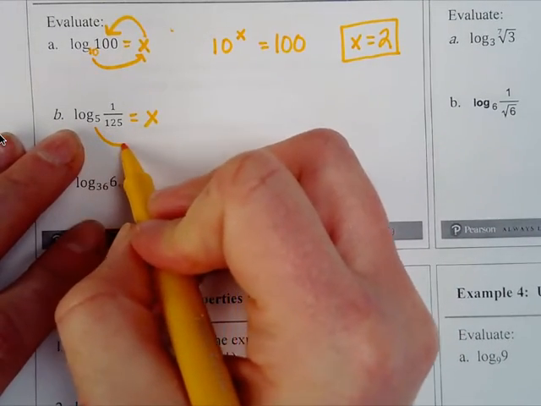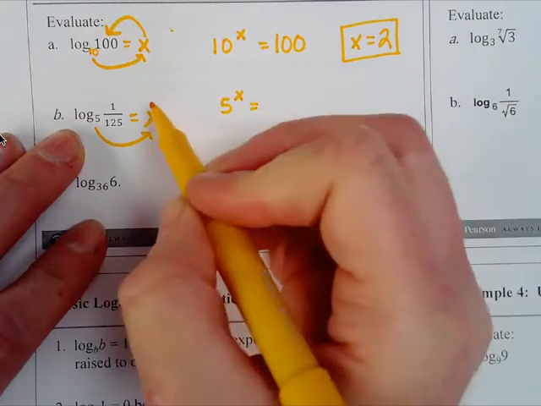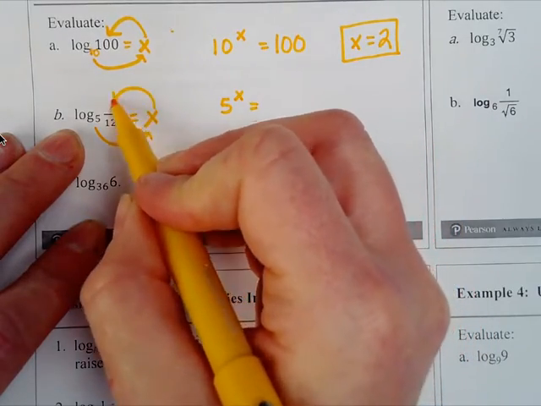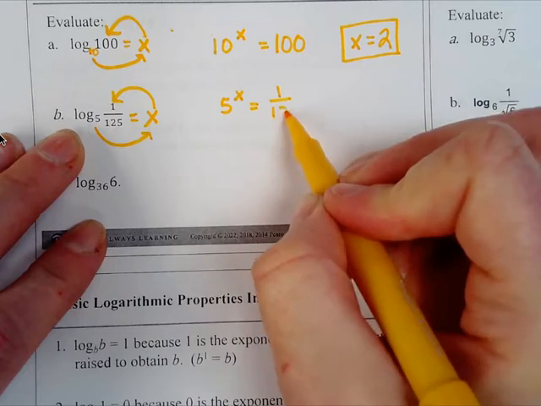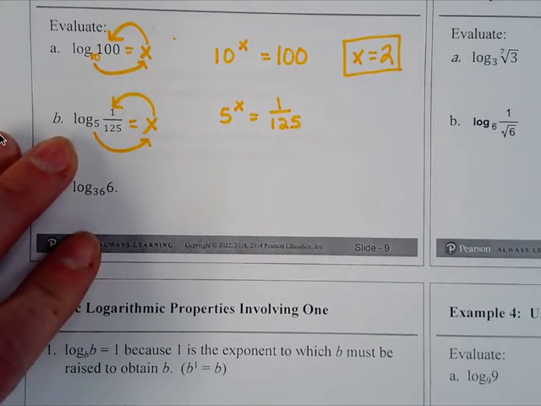So 5 raised to the x power equals 1 over 125. We've got to get these equivalent. Yeah, negative, because what does a negative power do?